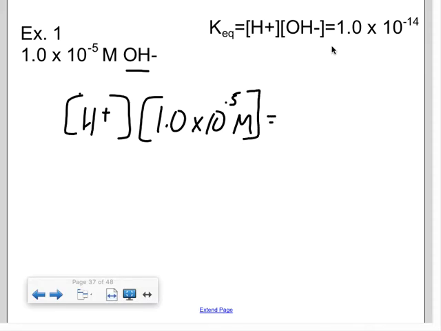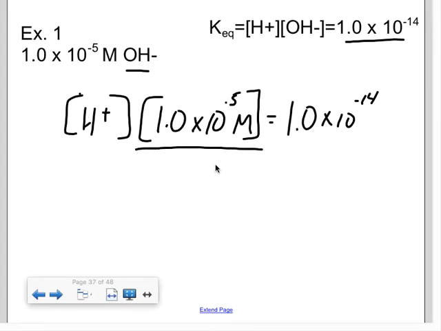So how do you get H plus by itself? Divide both sides by this.